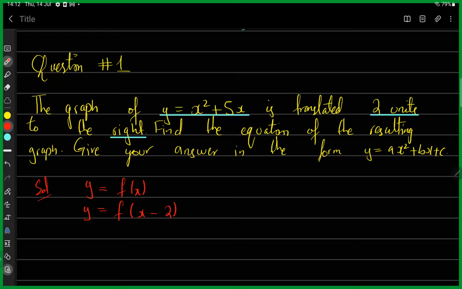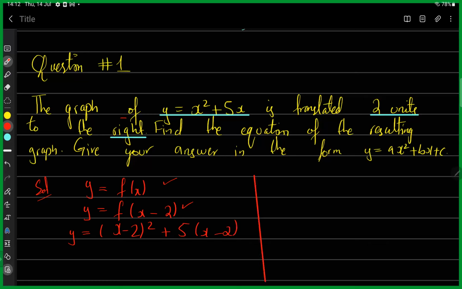This is the original curve. When we are translating it 2 units to the right, right means minus, and 2 units mean 2, right? So I need to write it down this way. It would basically become y equals x minus 2 squared plus 5 into x minus 2.